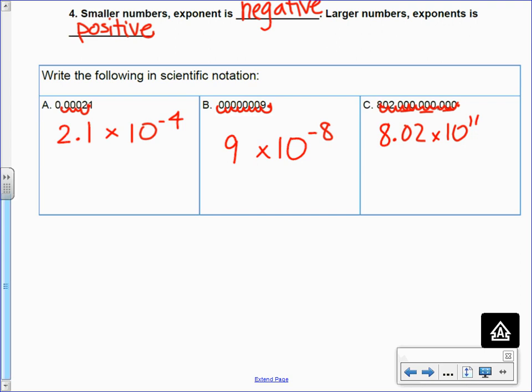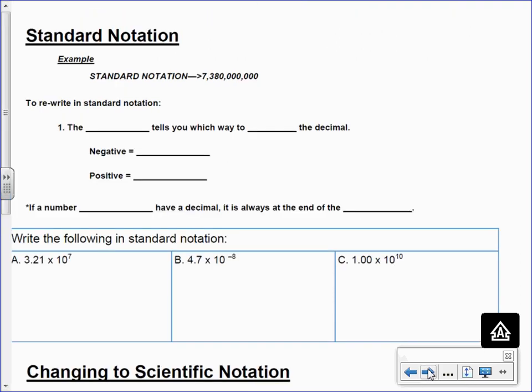All right. Go to the back for me. Now we're going to take it from scientific and write it into standard, which is super easy. The exponent tells you which way to move the decimal, which should make sense.